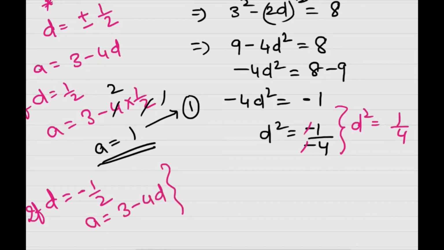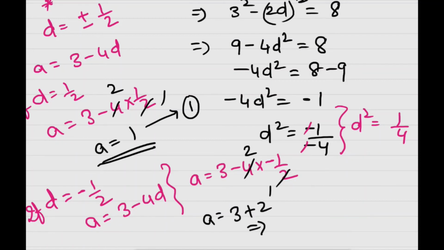So from here A will be equal to 3 minus 4 into minus 1 by 2. Now again cancel, 2 ones are 2, 2 twos are 4. Now minus 2 into minus 1, so plus 2. So 3 plus 2. This says that A is equal to 5. So you have two situations. First situation A is equal to 5 and second situation A is equal to 1.